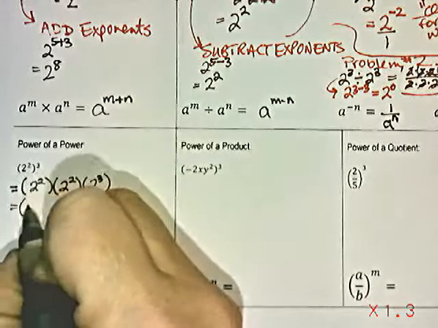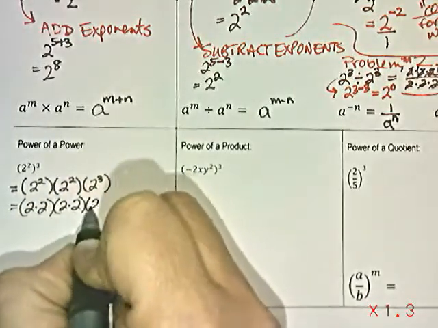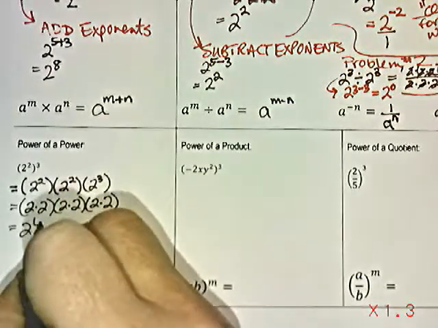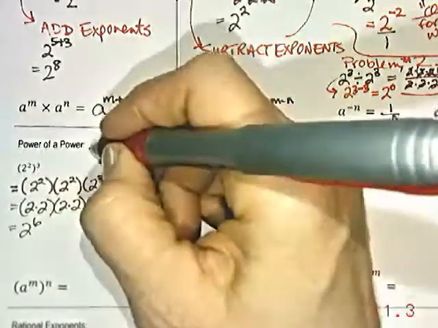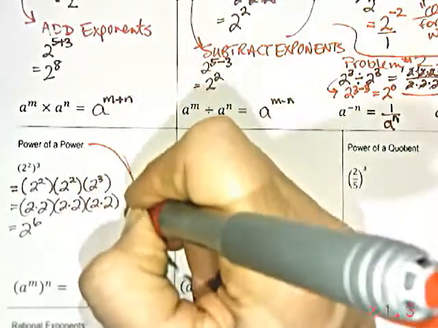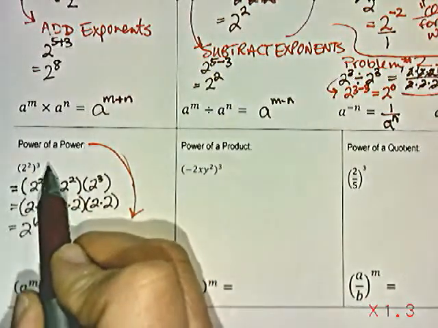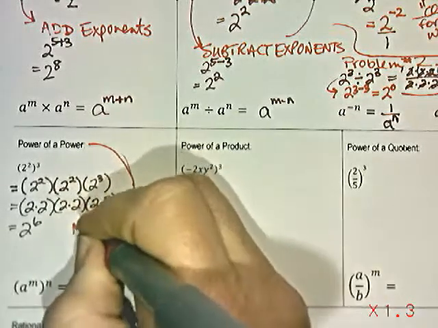And if I truly expand that all out, I'd have 2 times 2 in each of those brackets. And so when we do expand it out, we can see we have 6 of those 2's repeatedly multiplying. And so again, we like our shortcut exponent laws, and so we shortcut this one just to remember that if we have power of a power, then I get to multiply those exponents.